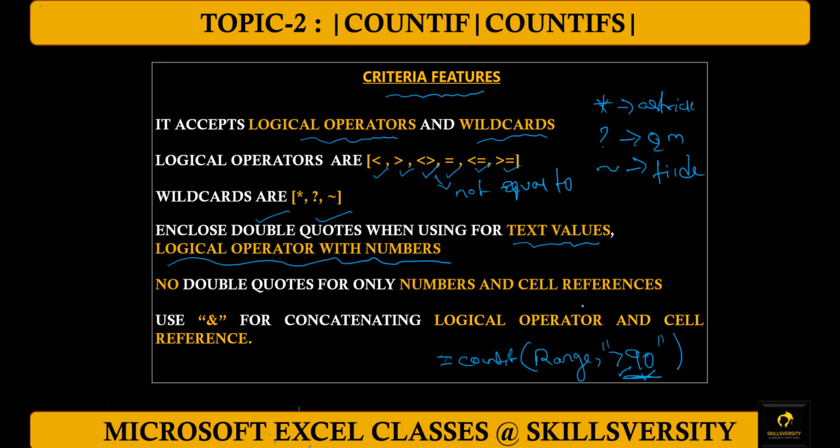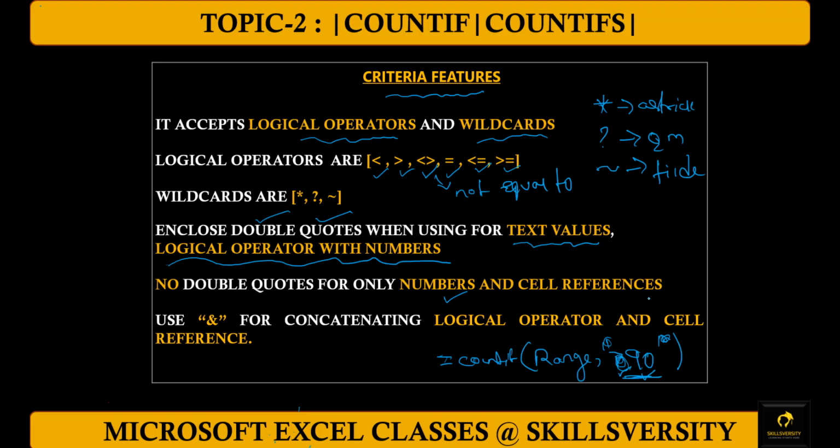You will understand more when we solve a few questions on COUNTIF. And one thing, you need not enclose double quotes for numbers. If you are entering a number directly, for example, instead of greater than, you're just giving 90, there is no need to enclose double quotes.